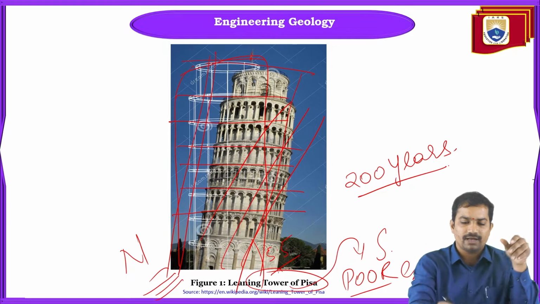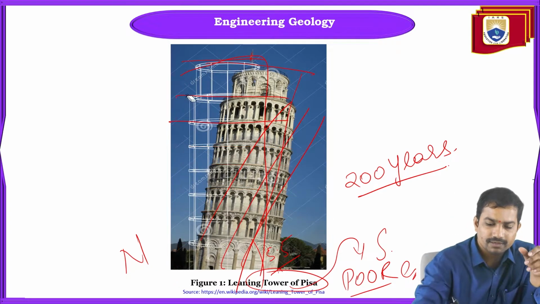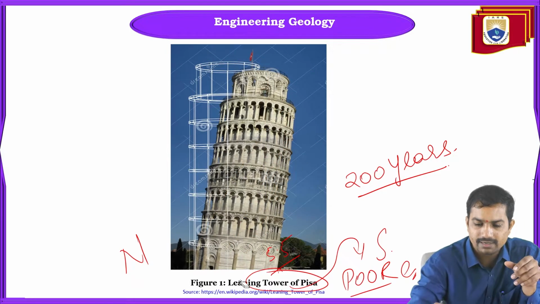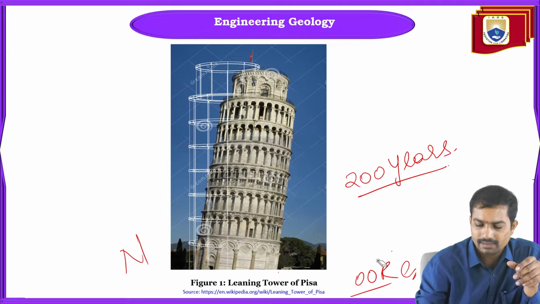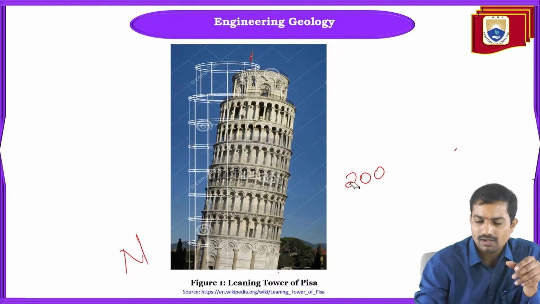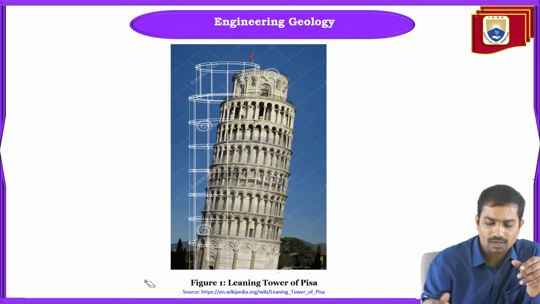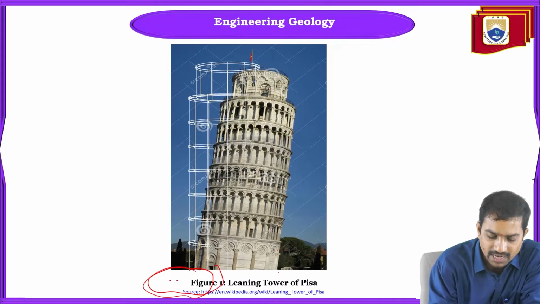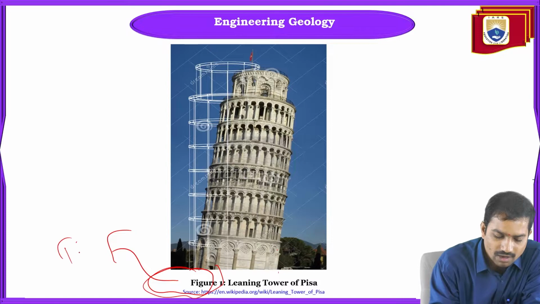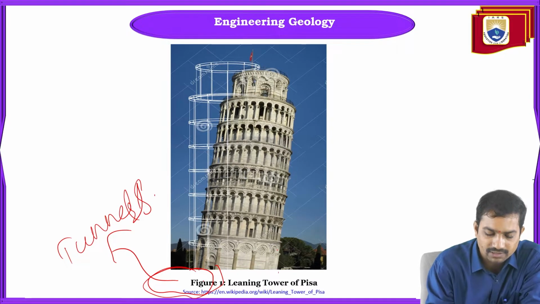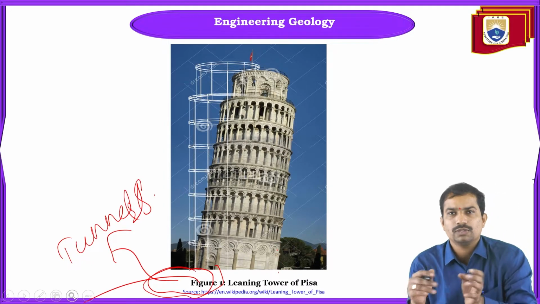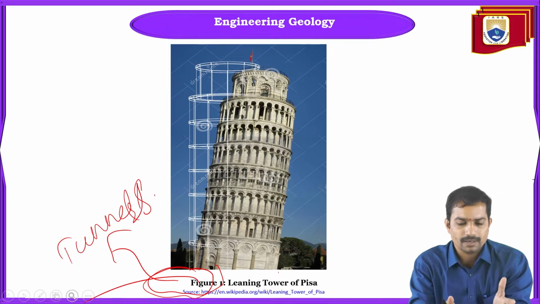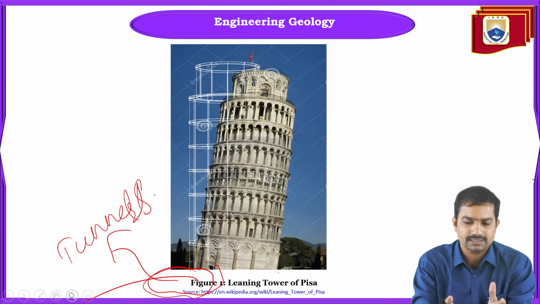So what they did: first of all, the soil on the north side had gradually started opening. They dug very big tunnels on this side and also diverted the water level to the other side, so that the structure could withstand the instability.